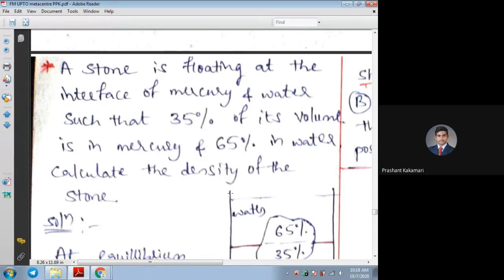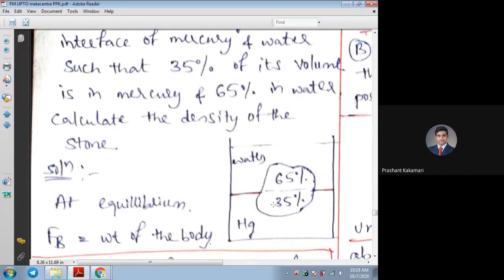You can find out the volume displaced by the liquid because of the stone, and the total volume of the water as well as mercury displaced will be the volume of the stone, because the stone is separated by two interfaces. 65% is in water, so 65% of the volume of the stone is replacing water particles, and 35%, shown here at the bottom side of the stone, is replacing some volume of the mercury.